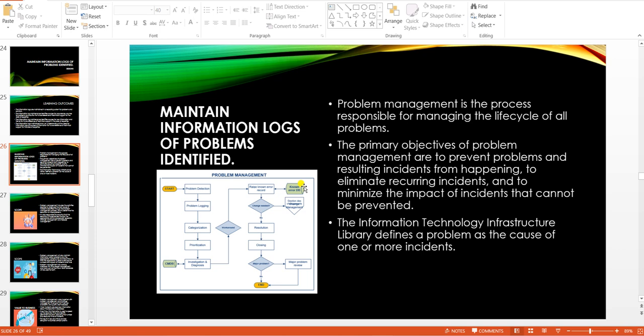The database always assists us by having those problems saved in that process. So it's much easier when a certain problem might reoccur in the future. We can easily go back to the database, which holds the known errors, and check the type of error. Has it reoccurred? Has it happened before?